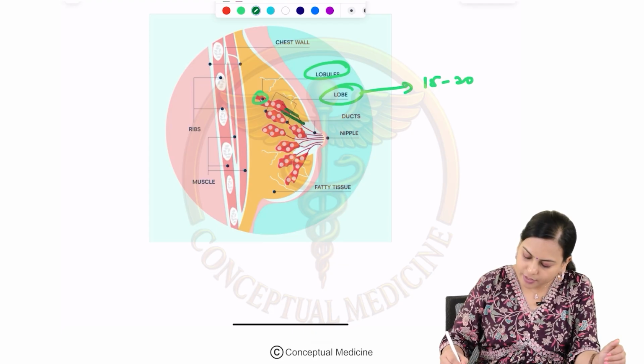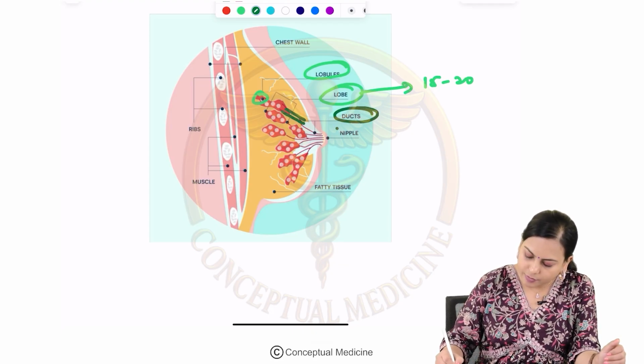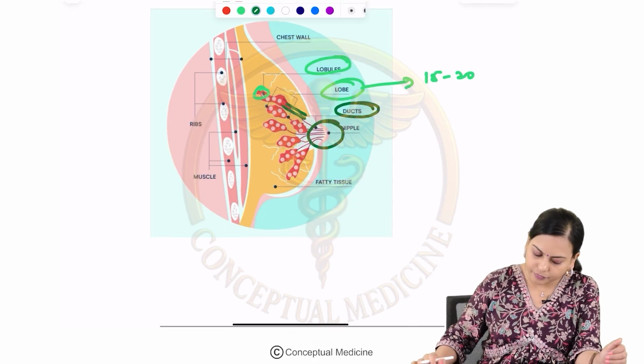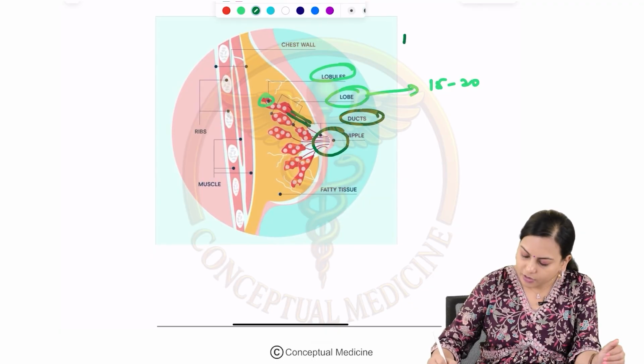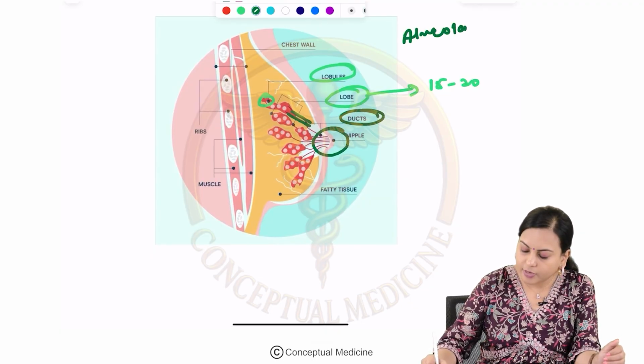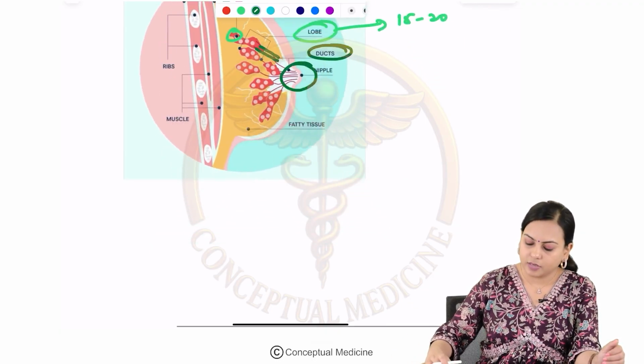From these alveoli you get the alveolar ducts, which open together at the nipple. It is the alveolar epithelial cells that secrete the milk, understood?